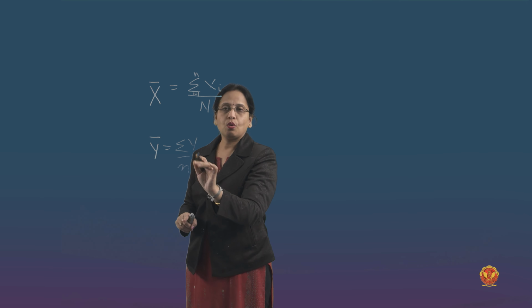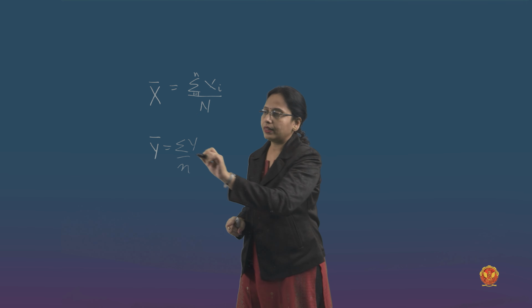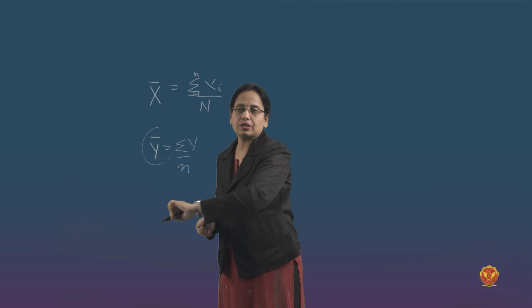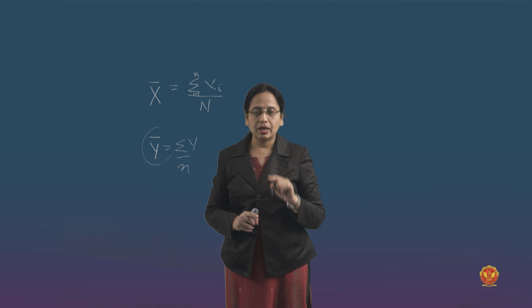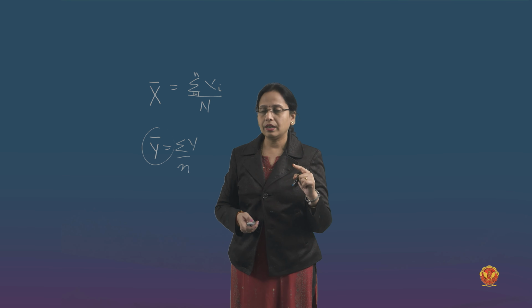Similarly, if it is y, the sum of all the values of y divided by n. Whatever variable you use, the bar goes above it to represent the arithmetic mean. So take care that there are certain standard notations which we are going to follow in our session also.